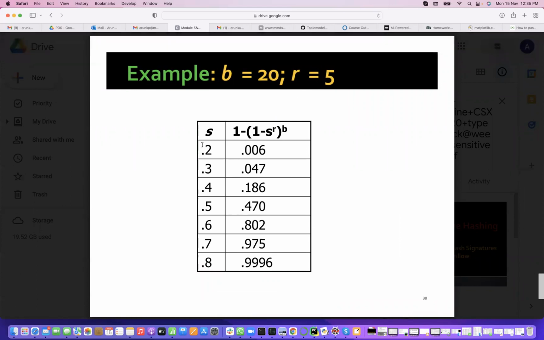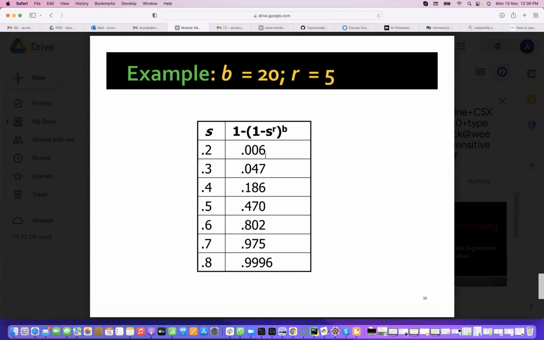Then what is the probability that they become in the same bucket? If they are only 0.2 similar, then what is the chance that they fall into the same bucket? Six out of how much is this? 6 of 1,000.